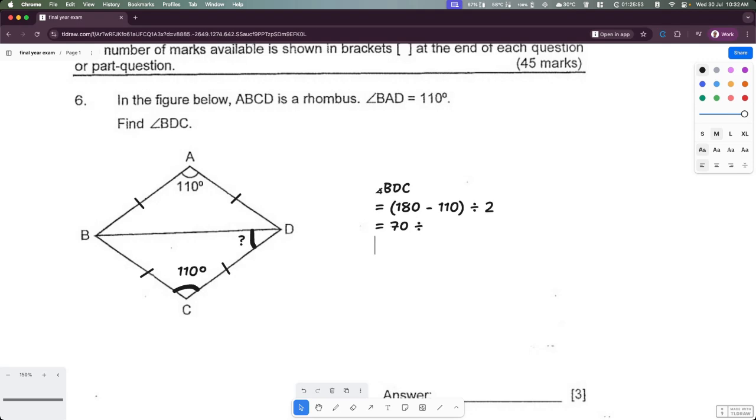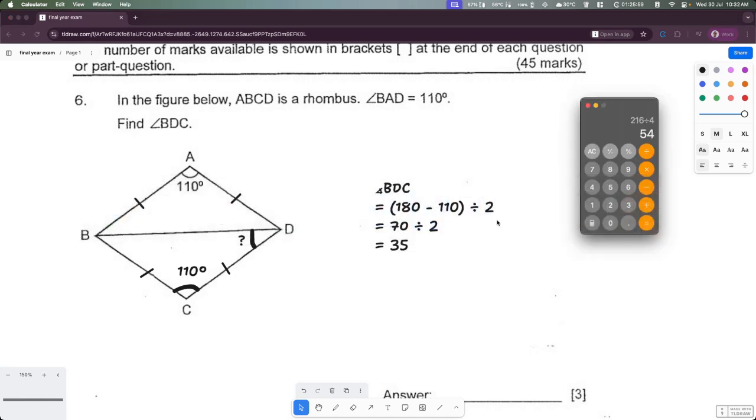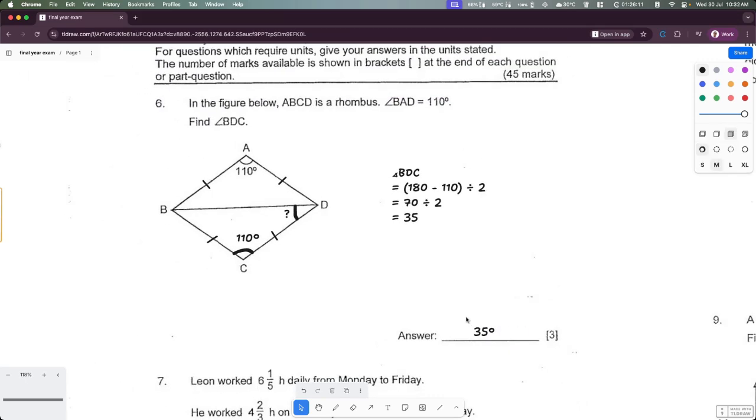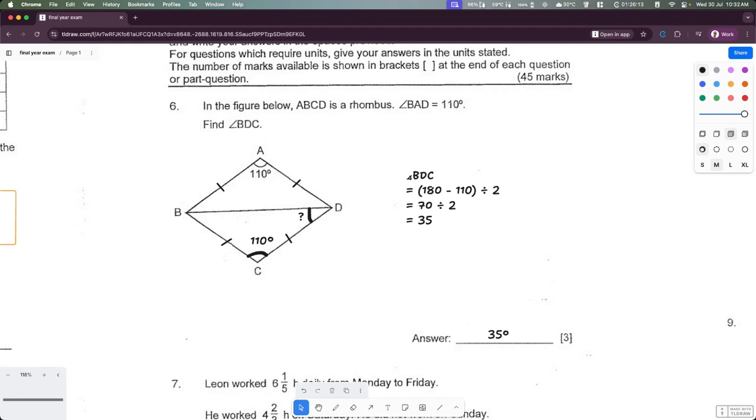Then we divide by 2. This will give us 35. Okay, so if I were to use my calculator to double confirm, 180 minus 110, 70, then we divide by 2, 35. Okay, very good. So this will be 35 degrees in this case over here. All right, that's it. Let's move on to the next question.